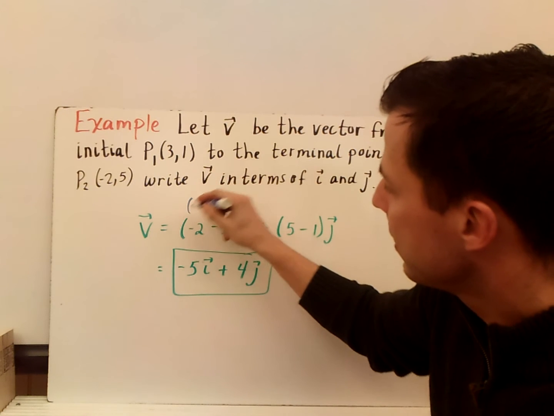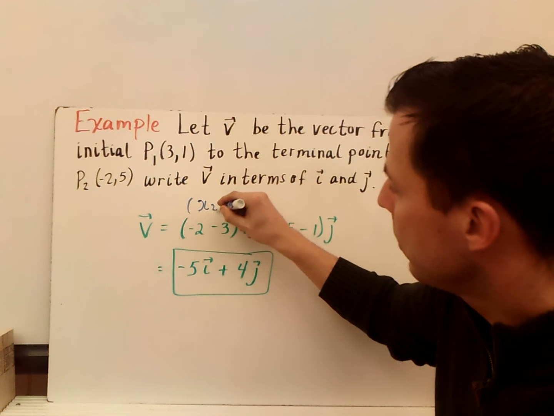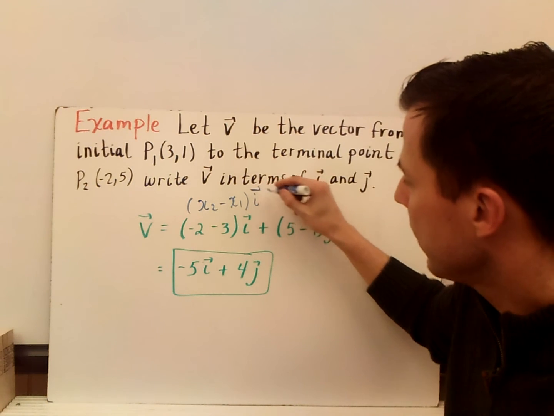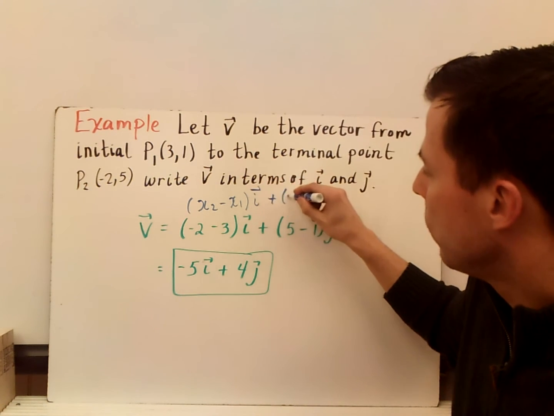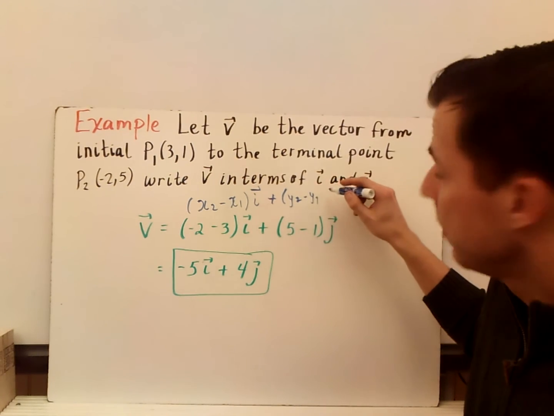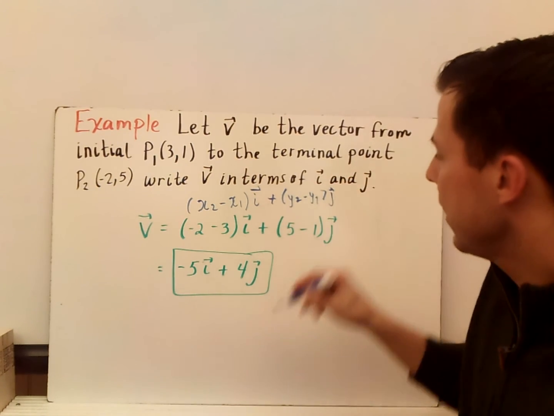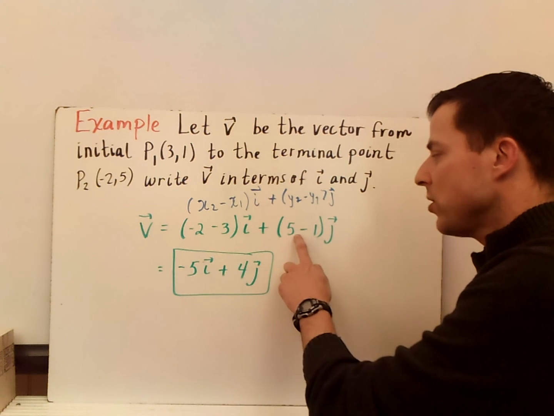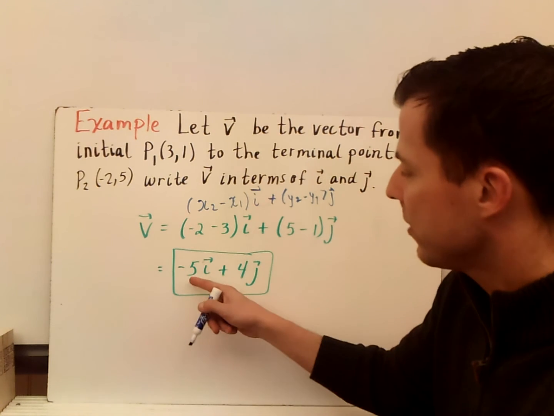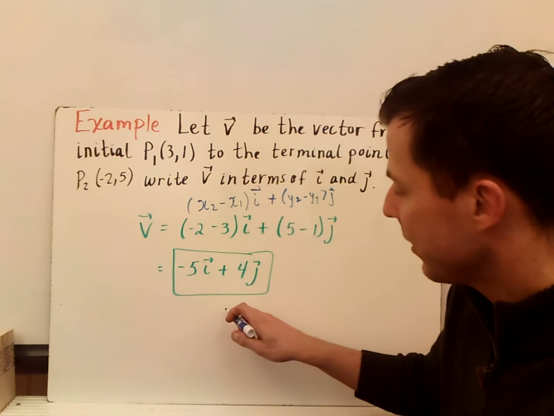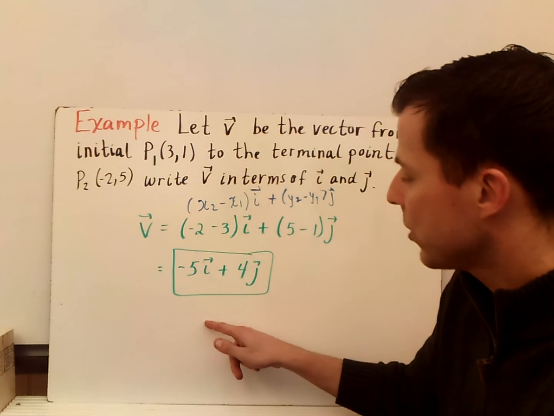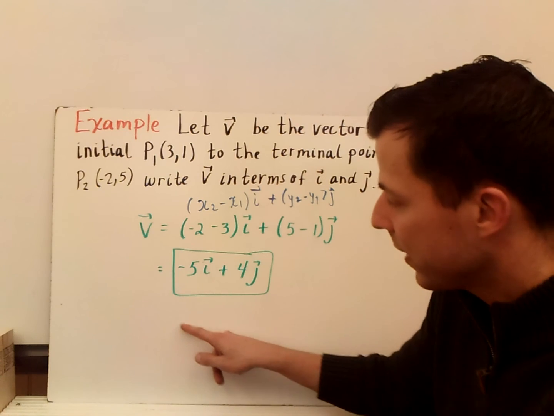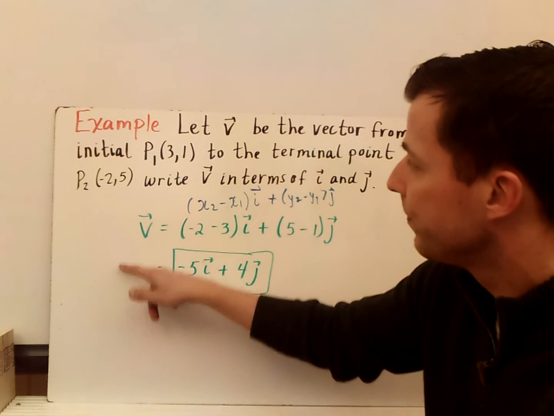So there's your x2 minus x1 times vector i, plus y2 minus y1 times vector j. So there is the vector, the linear combination. Now that would start at the origin and go left 5, up 4, and the vector would shoot off like this, going through the origin.